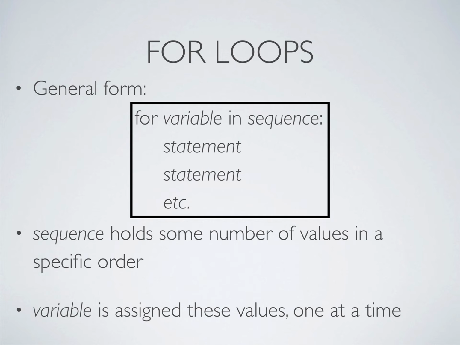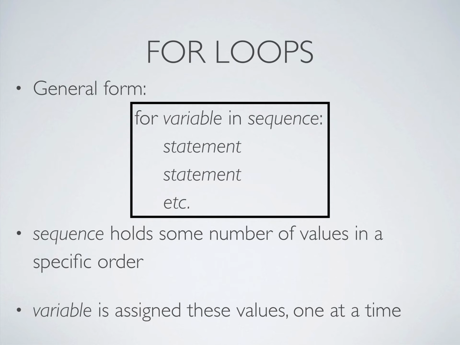For and in are both Python words. And then some sequence, and we'll talk about the sequence more in a bit. And then at the end of this first line where you have for variable in sequence, you have a colon. So it's kind of like those function definition lines, right, where you have def, function name, so on, colon, and then whatever statements you want inside of your for loop, just like whatever statements you want inside of your function definitions, you put right underneath and you indent them over.